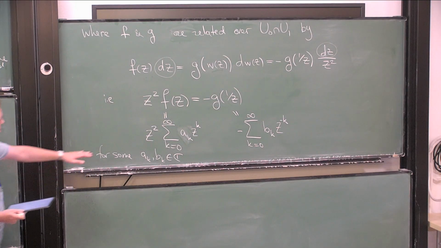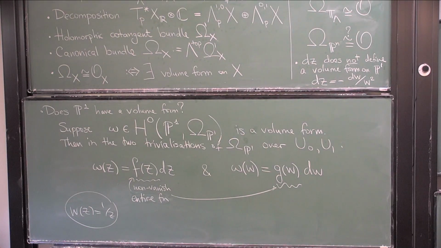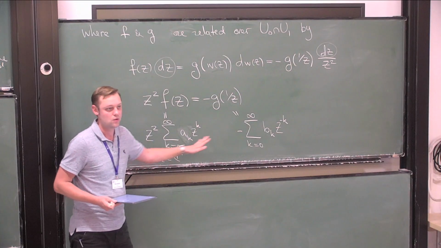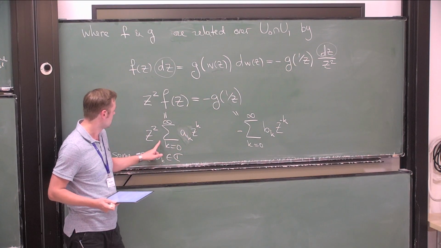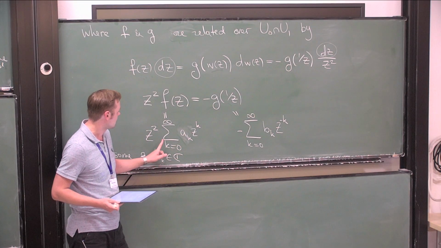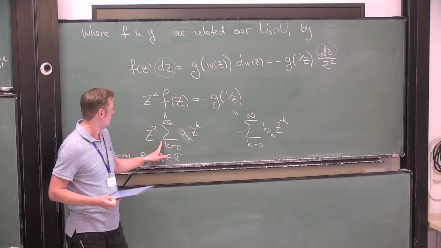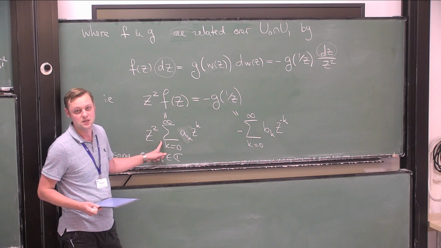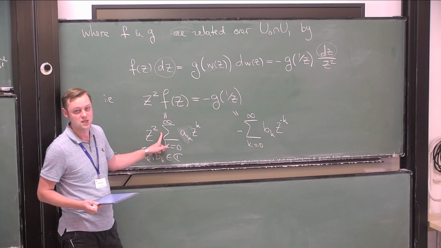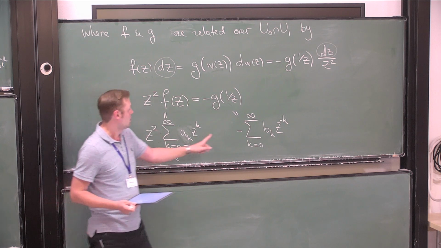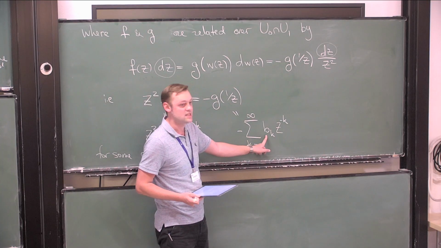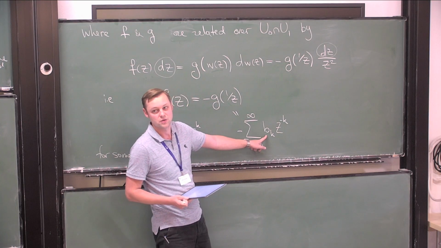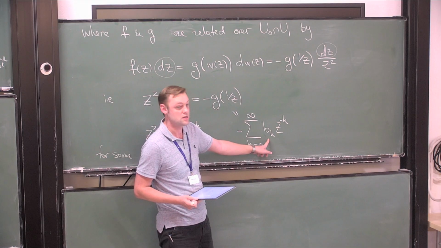Now if you just stare at this, there's an obstruction. If you compare this order by order in z, you can see that the lowest power of z that appears on the left-hand side is z squared. But the highest power of z that appears on the right-hand side is 0.